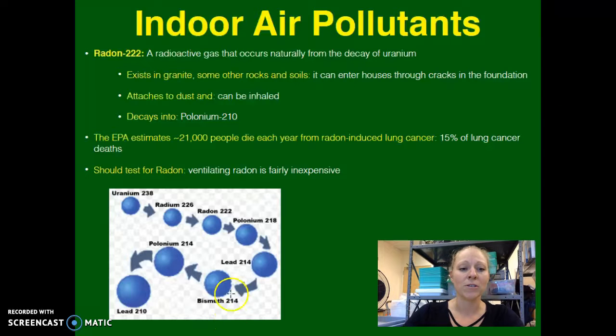About 21,000 people, estimated by the EPA, die each year from radon-induced lung cancer. This is the second leading cause of lung cancer, and it's actually pretty easy to navigate if you have a radon problem in your home. There's a reasonably inexpensive ventilation system where a series of fans and openings and vents are installed.